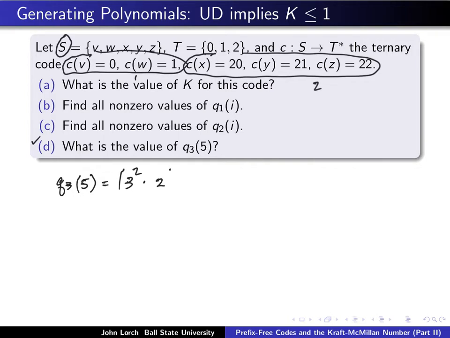But then we have to figure out where to place that code word of length 1 in relation to the 2 code words of length 2. Is it going to be at the front? Is it going to be in the middle, in between them? Or is it going to be at the end? So there are 3 choices to make there. And so at the end of the day, we get 54.